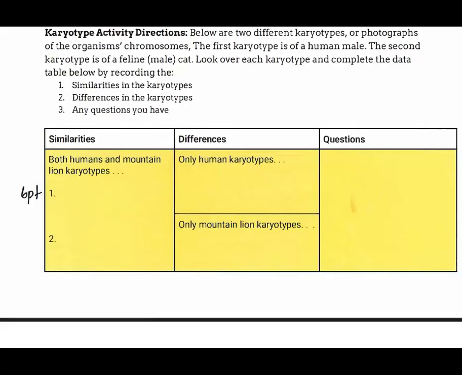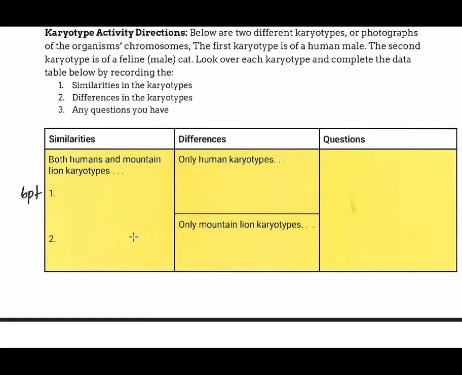Then you're going to look for differences: something that's only found in the human karyotype, and something only found in the lion karyotype. And then we're going to see what questions you might have. So you're going to pause the video and do that now.